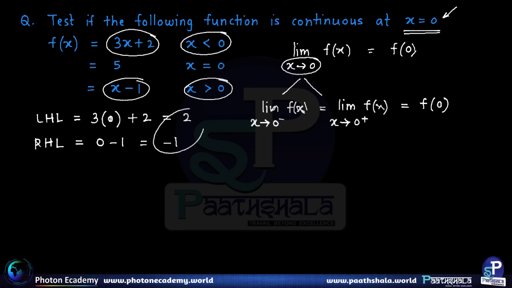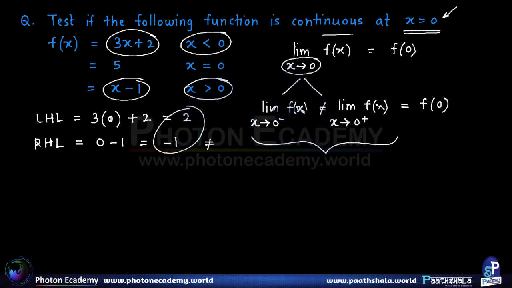So here we observe that the left hand limit and right hand limit are not equal to each other. That means that the limit of the function itself does not exist as x tends to 0. So there is no question of that limit being equal to f of 0.